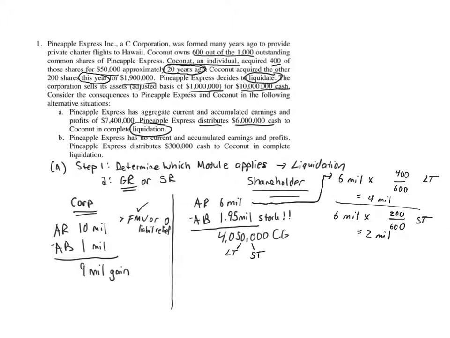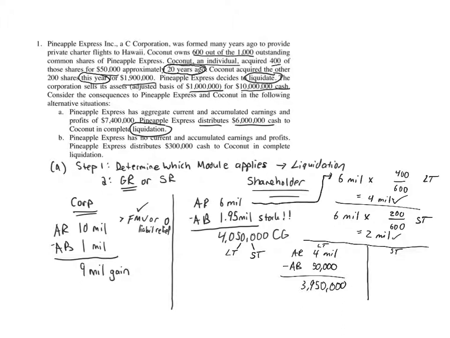So then what we're going to do is again long-term, short-term, amount realized minus adjusted basis. So the amount realized for long-term is going to be 4 million. What was the adjusted basis of the long-term shares? 50,000. Thank you, Tim. That's $3,950,000.